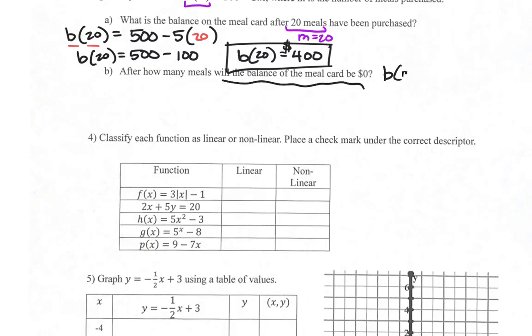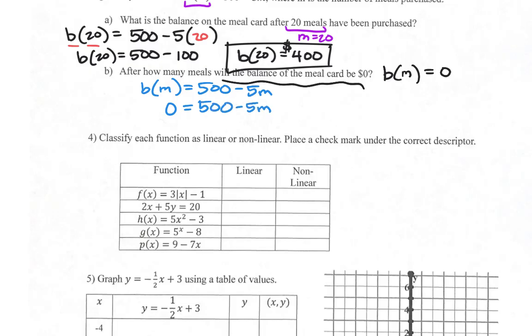We want B of m to equal 0. So instead of plugging a 0 in for m, I just want to see when the total is equal to 0. So I know that B of m equals 500 minus 5m, and I want to know when that total is going to be equal to 0.